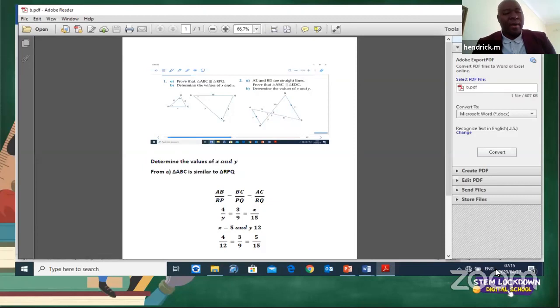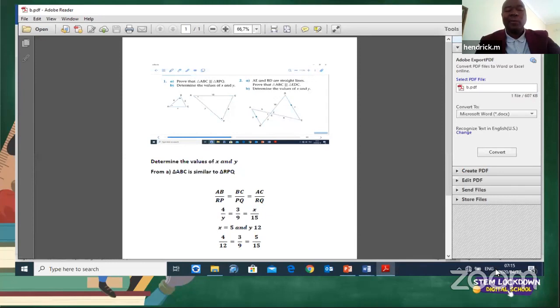Now that we have proved similarity between the two triangles, our conclusion will be that AB over RP is going to be equal to BC over PQ, which in turn will be equal to AC over RQ. This is what I taught you yesterday.